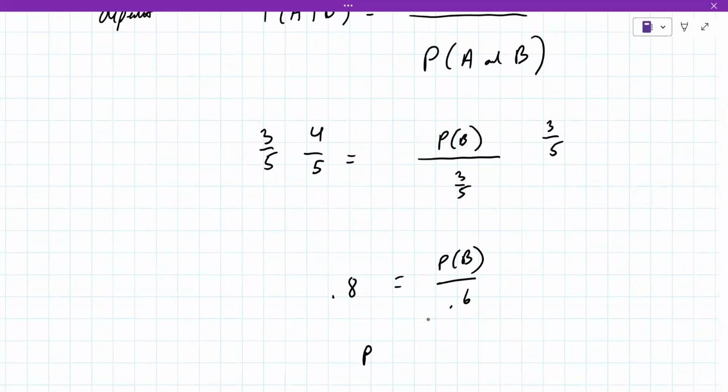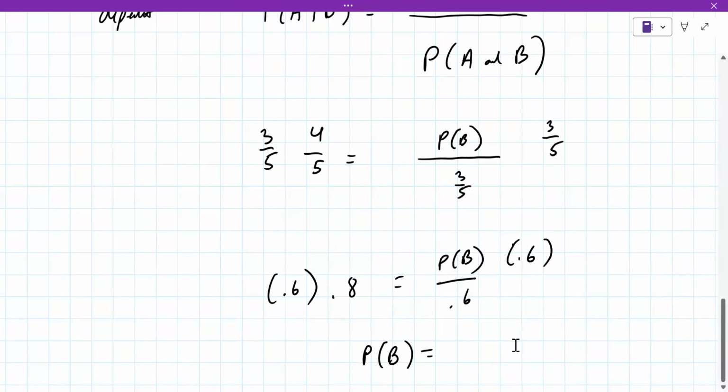So do you have a final answer for me on this one, either a fraction or a decimal? Wait, I'm a little confused. Well, I'm just trying to give you options here. You're just multiplying both sides by 0.6 if you prefer to use decimals, or you multiply both sides by 3/5.